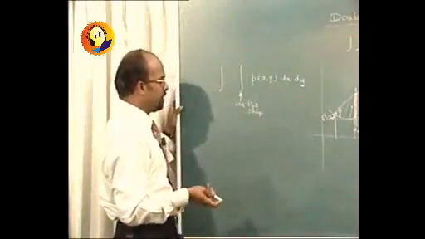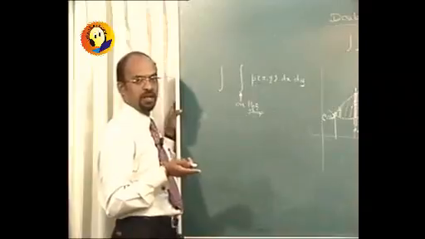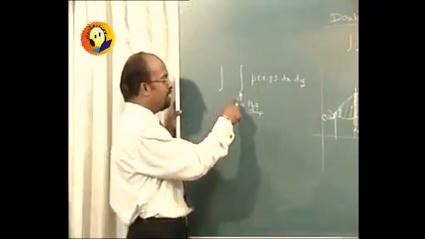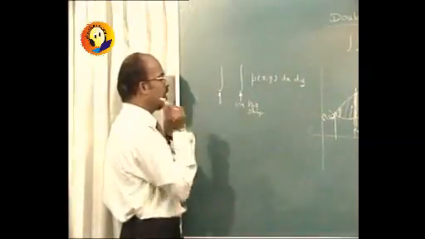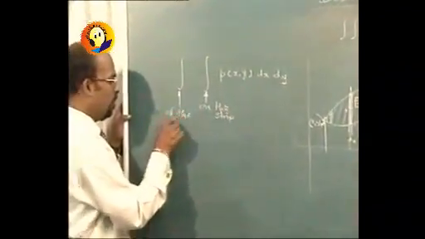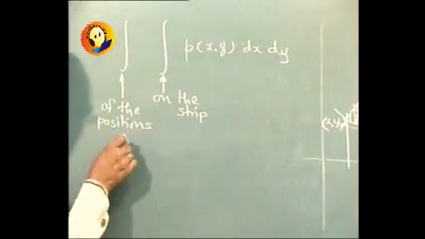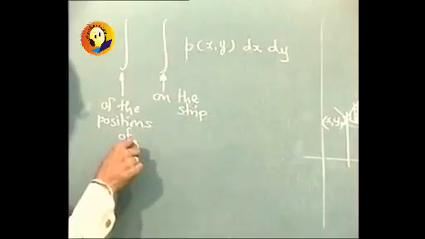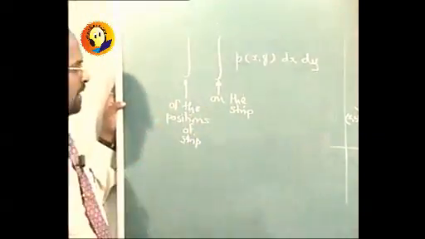On the strip, one variable is constant and the other is varying, so you will have to write the limits of y in this case, and the outer integral will have the limits of the positions of the strip, that is, from the leftmost strip to the rightmost in our case.